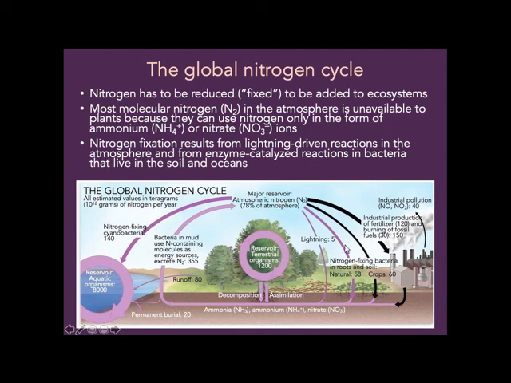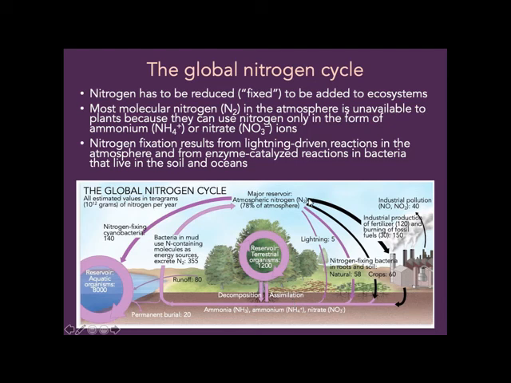It can get fixed by nitrogen-fixing bacteria in roots and soil. Either this happens naturally in ecosystems, or it can be done by crop plants. Lightning, apparently, can also take atmospheric nitrogen and make it usable by plants.